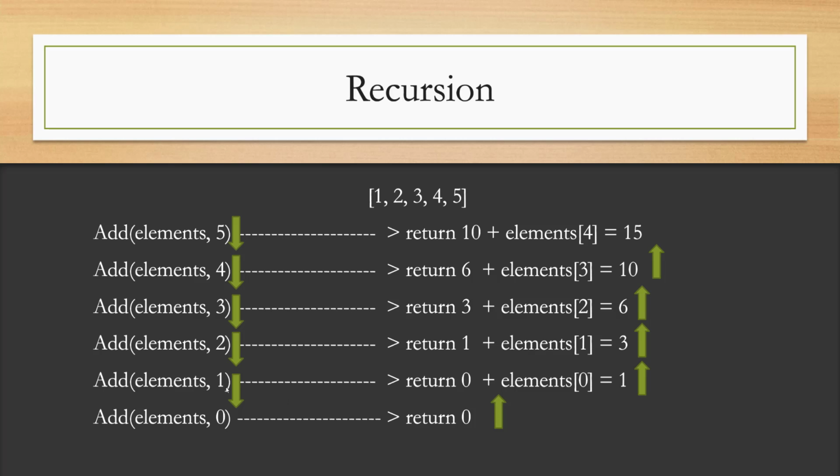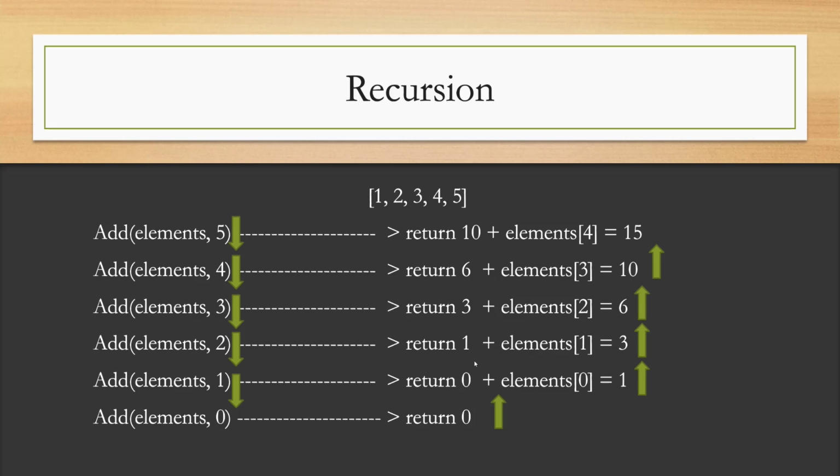So at 1 is going to be 0, which is the one we had here, plus the element at n minus 1. So in this case, n is 1, right? So n minus 1 is 0, which is the element at the 0 spot. And you can see the element at the 0 spot is going to be 1. So now what we do is we take 0 plus 1, right? And that's going to return 1.